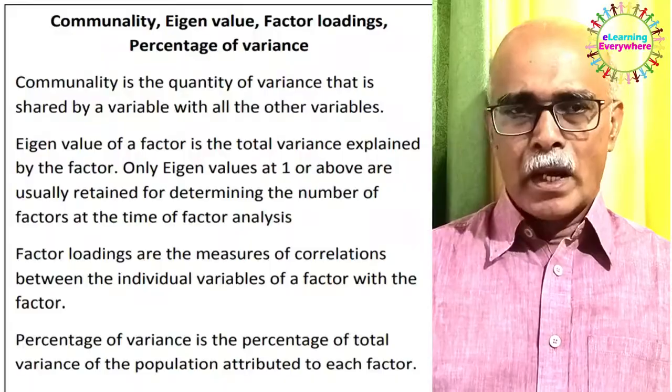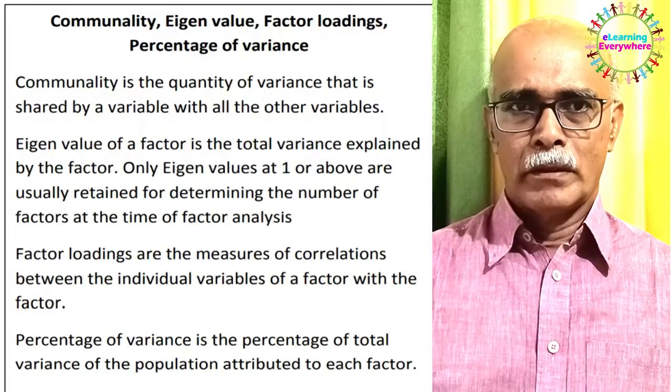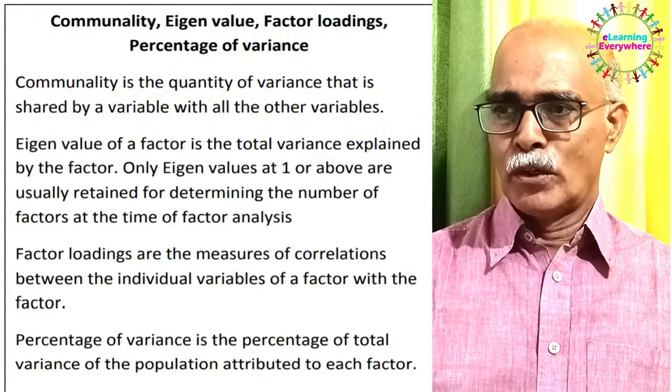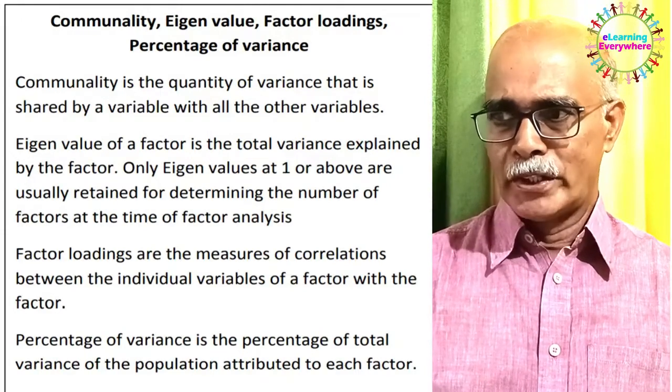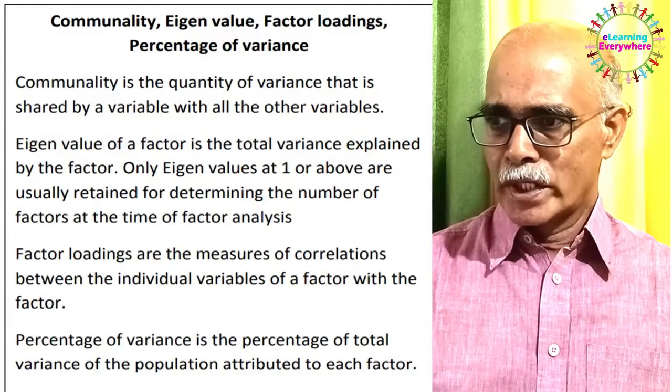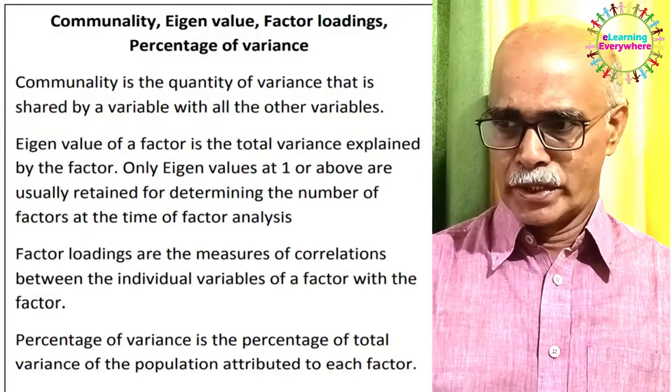Before starting factor analysis, we have to become familiar with certain terminologies related to factor analysis, and the most important terminologies are communality, eigenvalue, factor loadings, and percentage of variance.